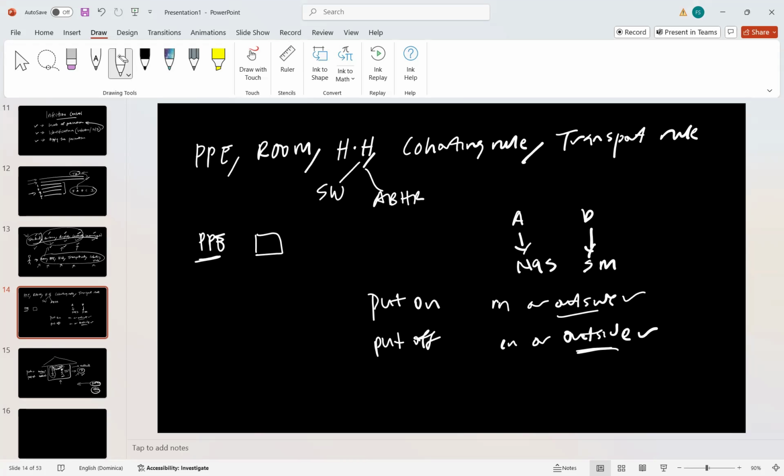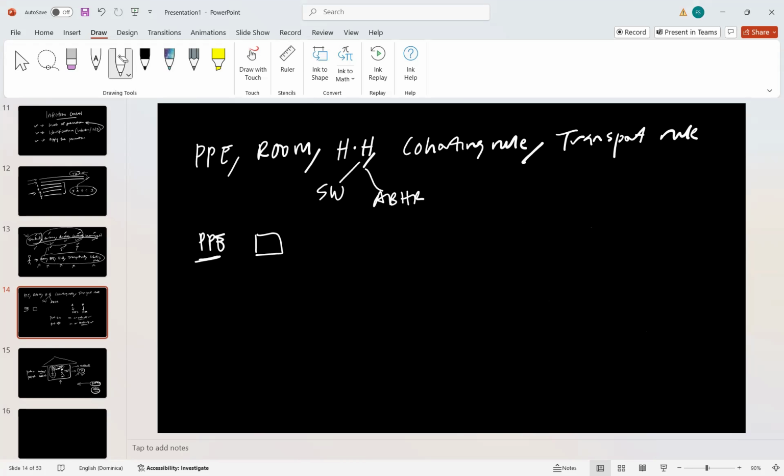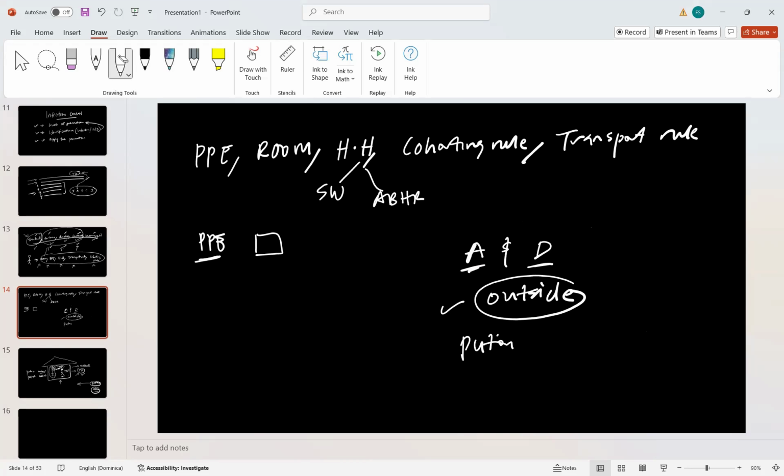That's the shortcut I wanted to explain to you earlier: airborne and droplet, it's outside for everything. So when you remember airborne and droplet, remember outside, in the sense that we put on the PPE outside and we take off the PPE outside as well. They are the same.